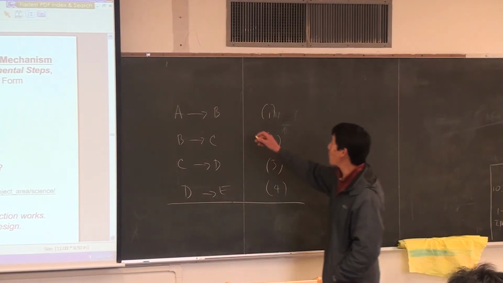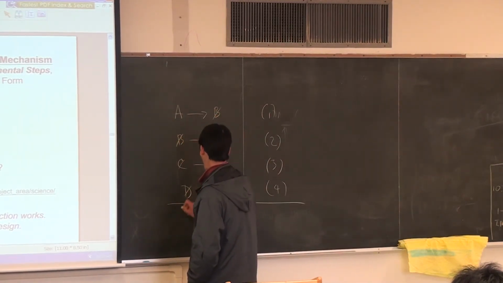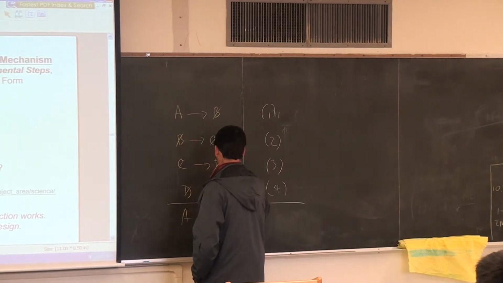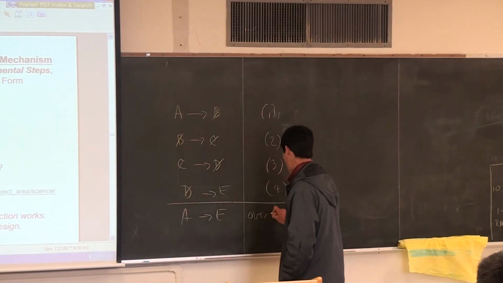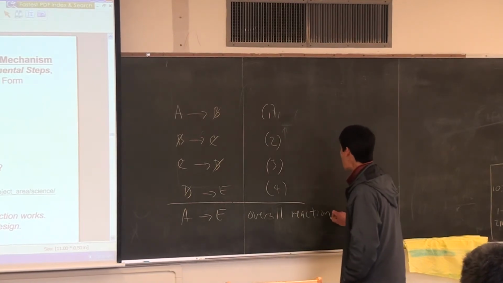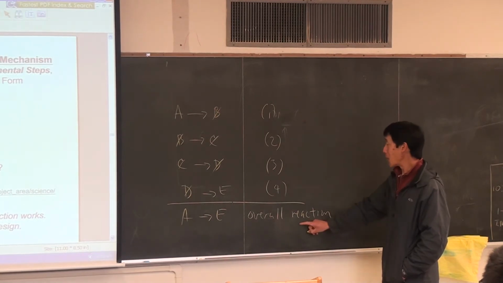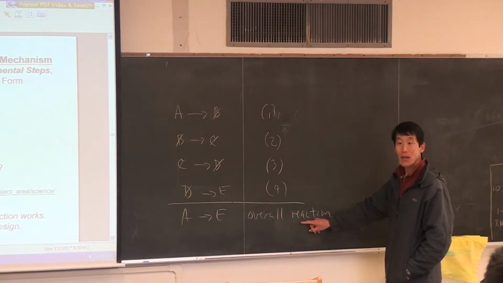Note that B cancels out, C cancels out, and D cancels out. So we get A going to E. This is our overall reaction. The sum of these elementary steps in a reaction mechanism must equal the overall reaction.